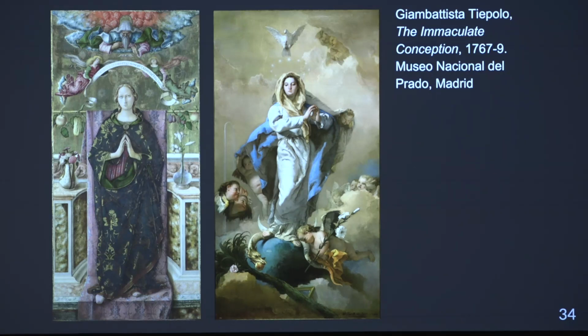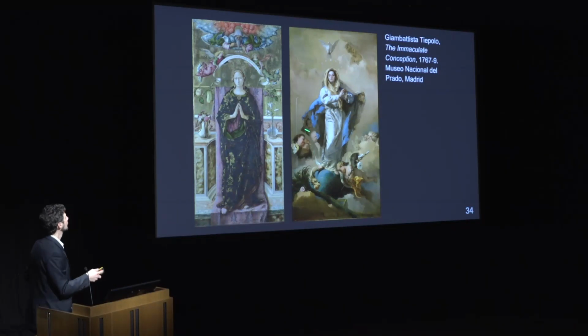I really like this version by Tiepolo because you can see now she's wearing a completely different robe, right? The white or silver robe is the one she wears when she's the Queen of Heaven. And here, Crivelli tried to recreate this, spotting with a wonderful pattern in gold to explain that actually she's a bit in transition.